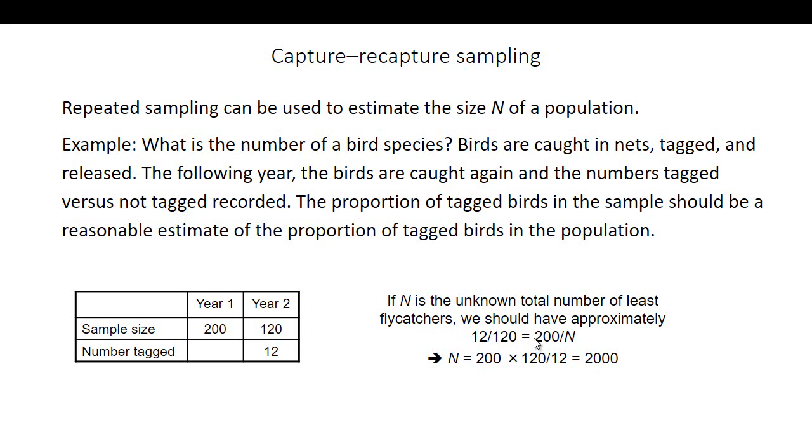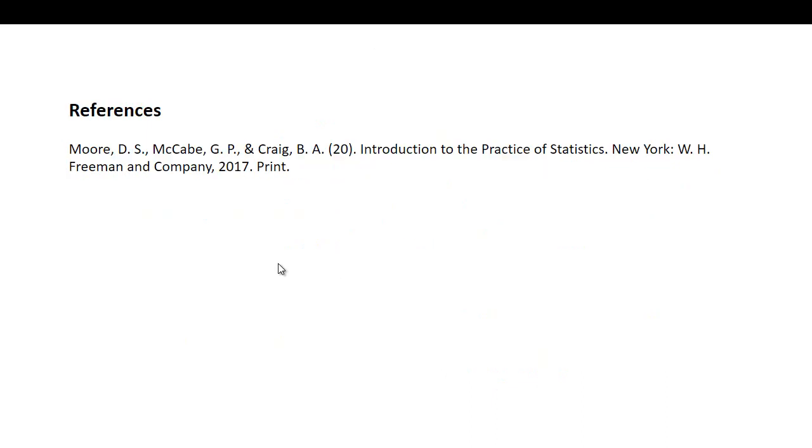So there is a total of 200 tagged birds over the total number of birds N. So from this equation we can calculate what N is. So N here turns out to be 2000. So capture-recapture sampling can be used to estimate the size of a population.